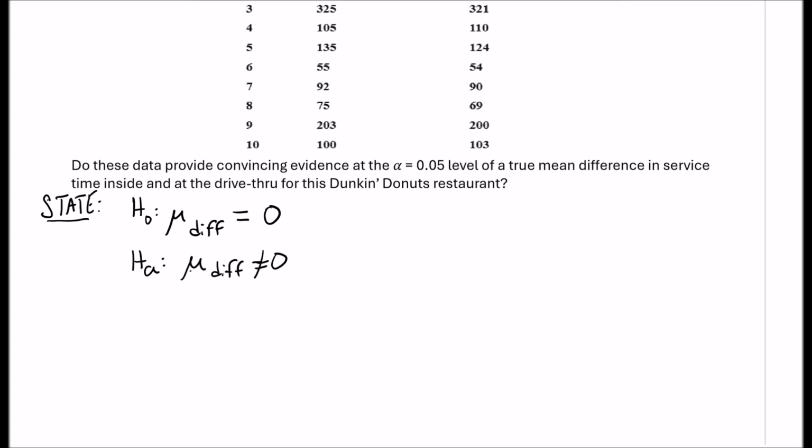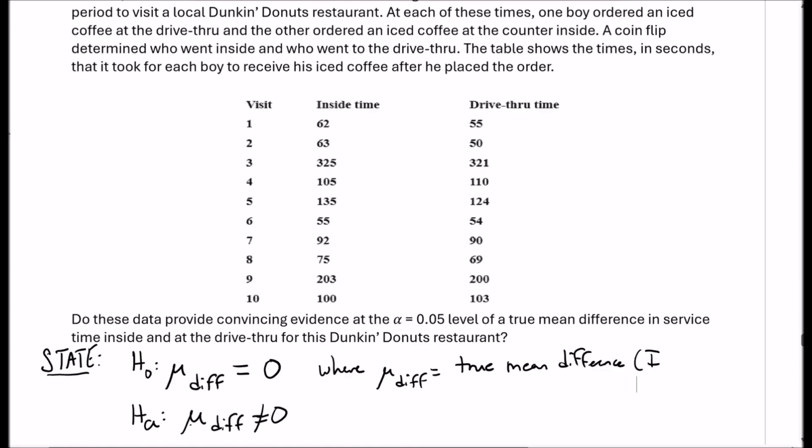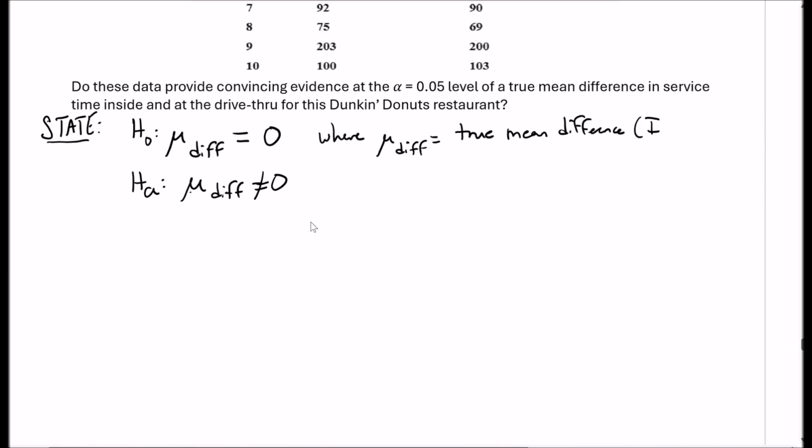All right, and then we're going to define what mu difference is. So I'm going to say where the mu difference is equal to the true mean difference. And in this case, we're going to do inside minus drive-thru.